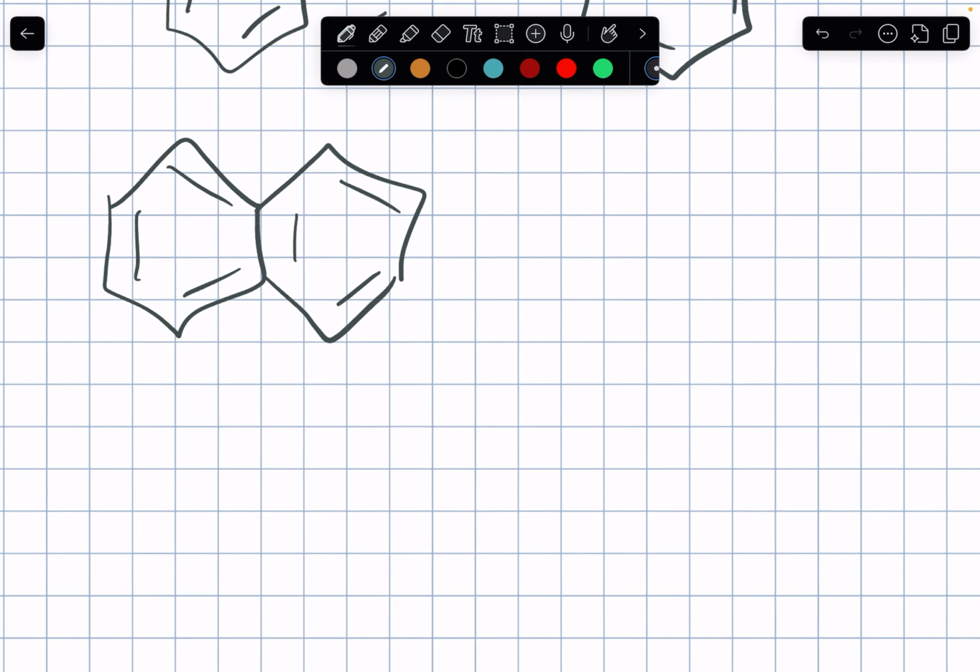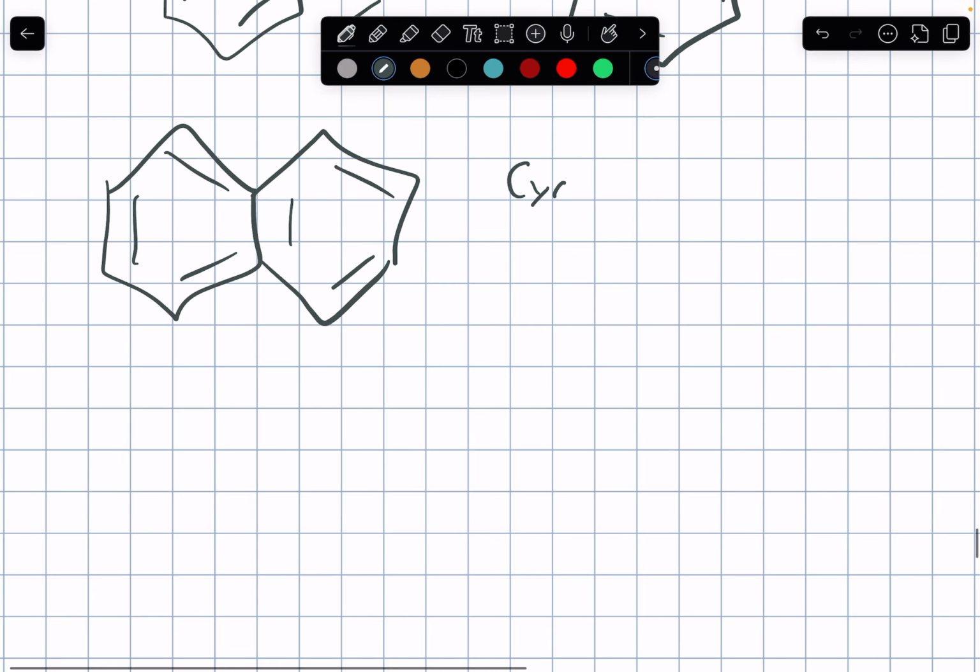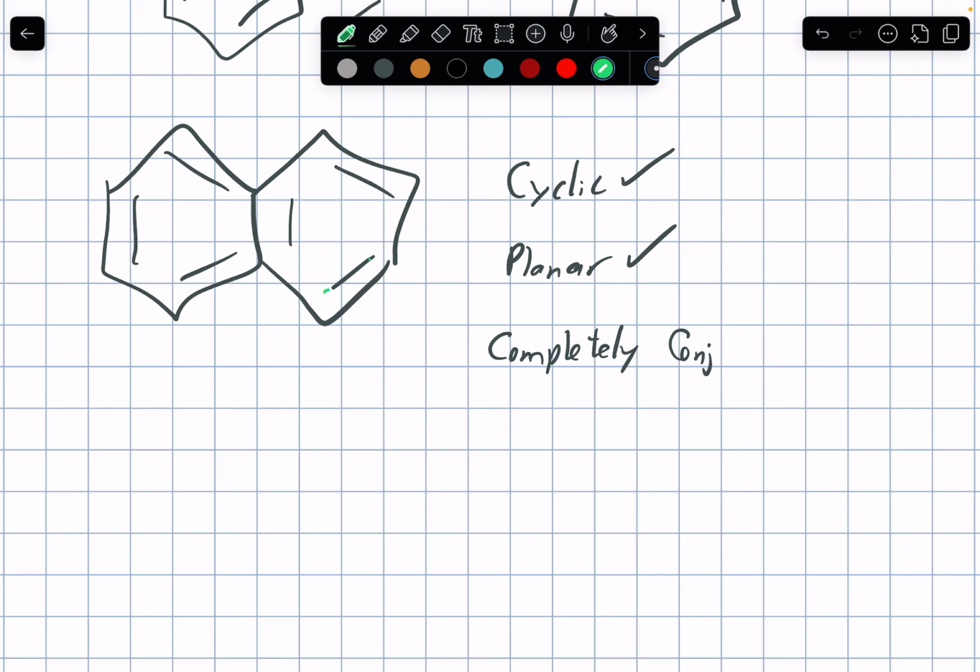Let's try to solve it on our own. Cyclic, yes. Planar, I think so. Completely conjugated, yes. How about, does it follow Huckel's rule? 1, 2, 3, 4, 5, 6, 7, 8, 9, 10, 11, 12.